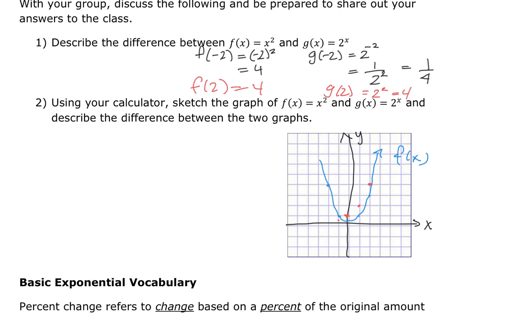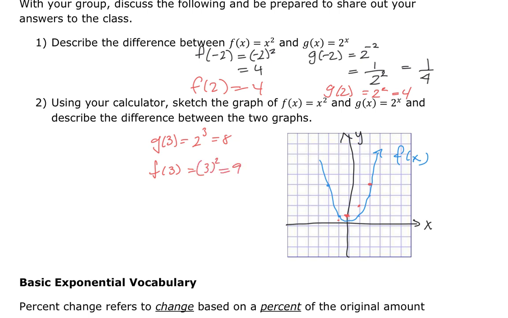However, when I put in 3 for g, so g of 3, which is 2 to the 3, the answer is 8. But f of 3 is 3 squared, which is 9. So they're different.